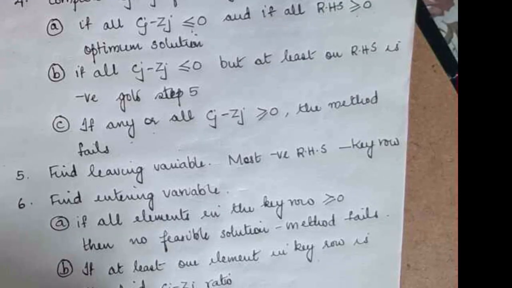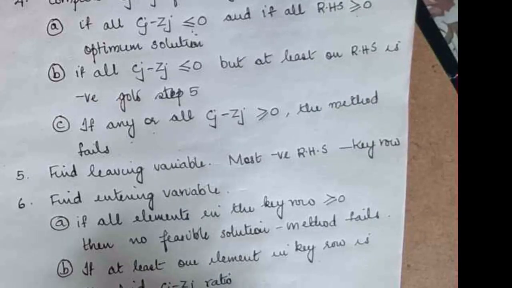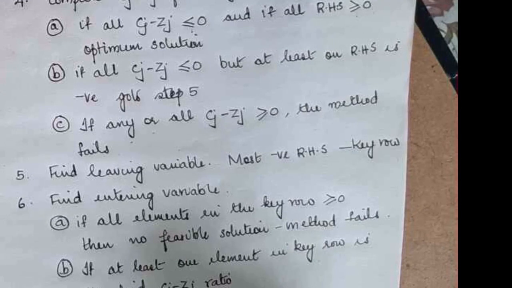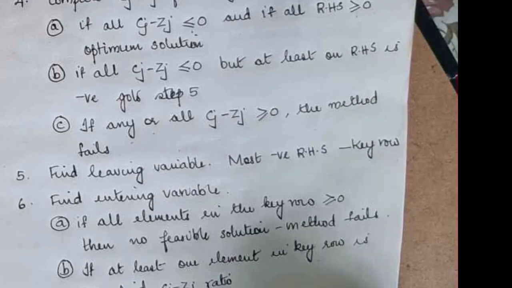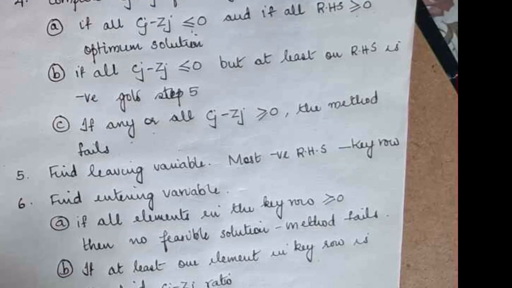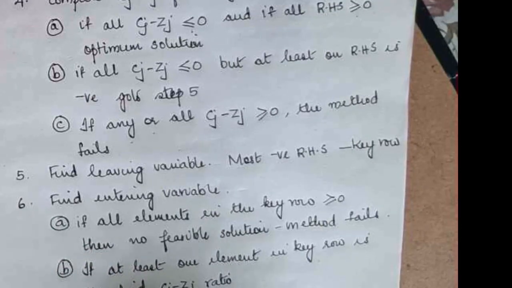Now choose the smallest ratio, the normal method, smallest ratio. Now this corresponds to the key column, and then find the pivot element. Okay.